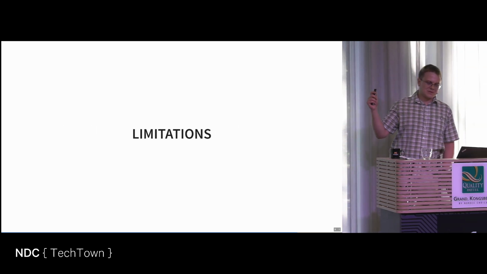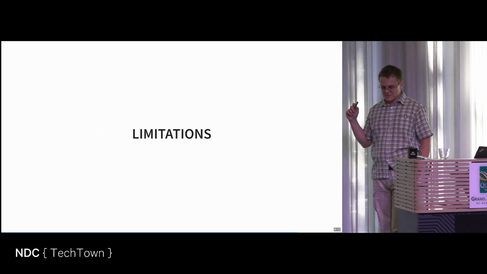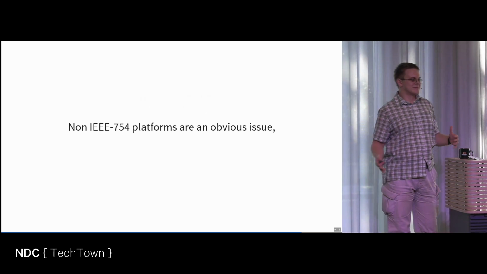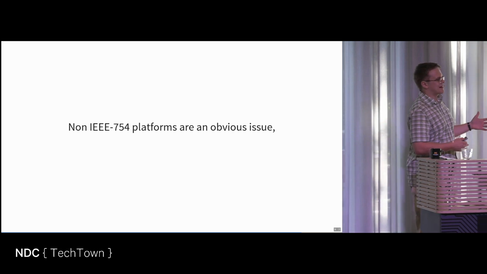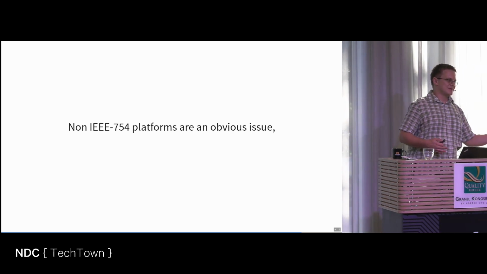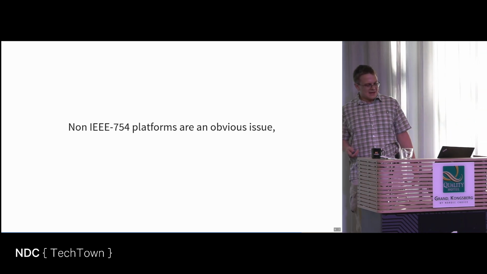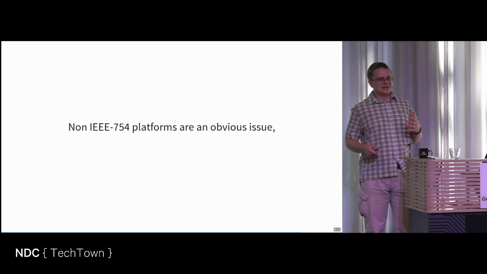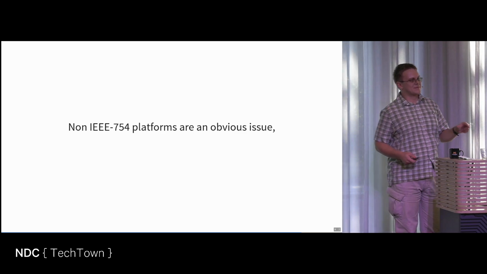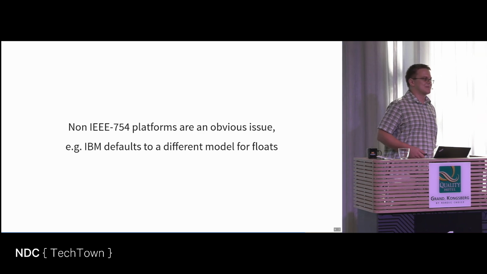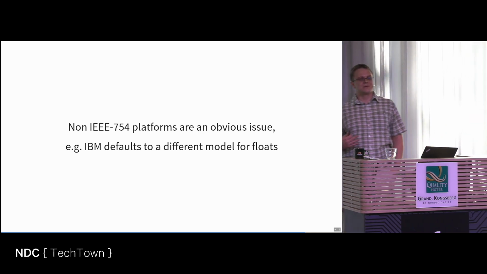Now, let's talk about limitations. I already mentioned non-IEEE platforms are an issue, right? If you aren't on an IEEE platform, you can't use guarantees from the IEEE standard. This is pretty easy. And I don't mean just some small micro that doesn't even have a floating point unit. I mean stuff like IBM. If you are using IBM, by default, it uses its own floats.